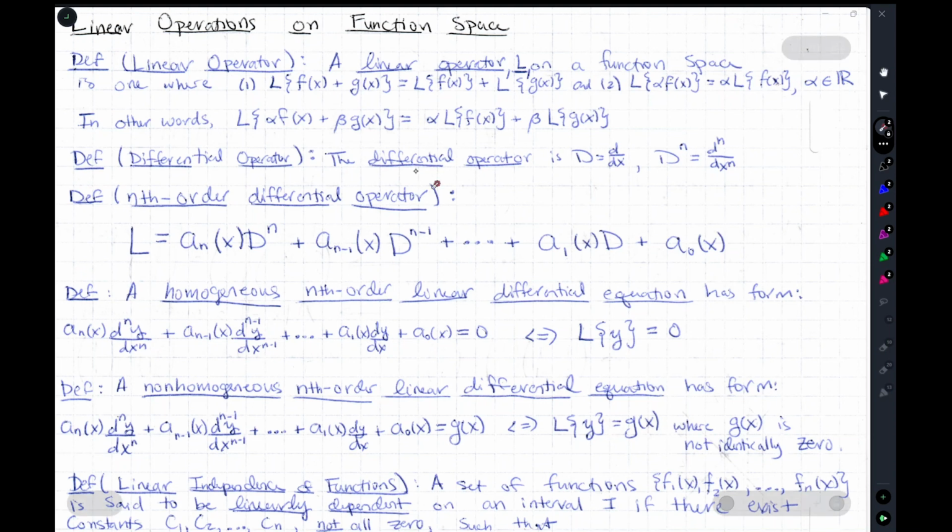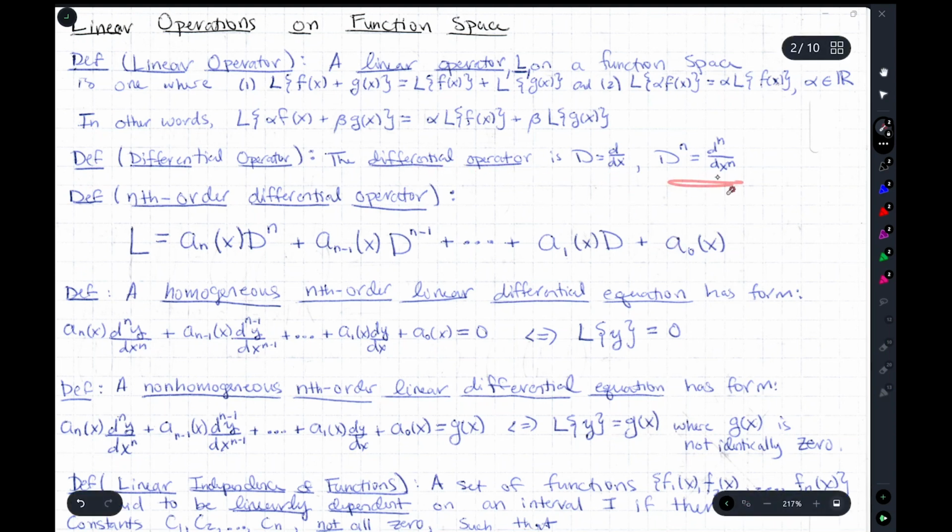We're also speaking about the language of linear operators. We could look at differential equations, a subset of them, as linear operators on functions, and one operator we need is this operation that takes a function and gives you its derivative. That will be the differential operator.